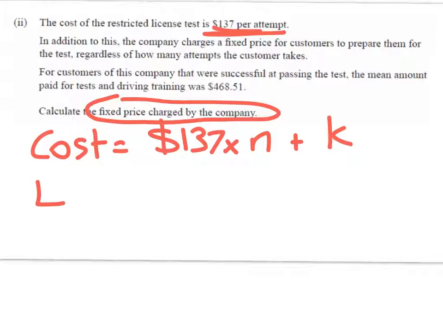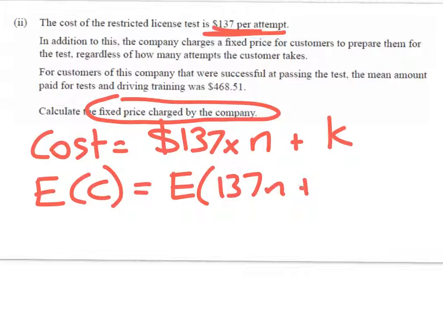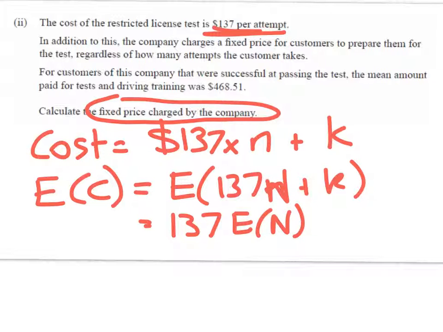Well, we know that the expected value of the cost is equal to this, and we know how expectation algebra works, so that should actually be a capital N there.